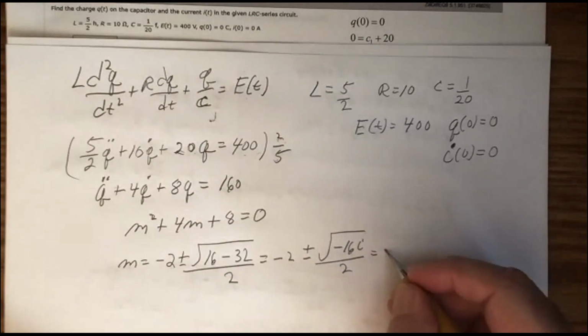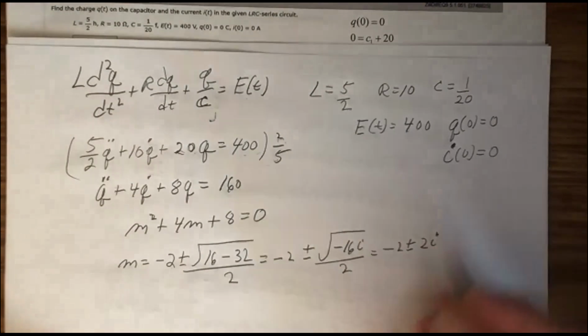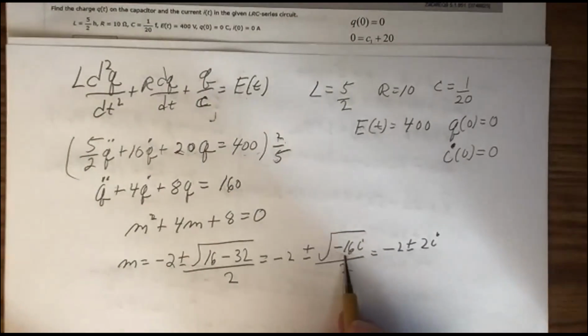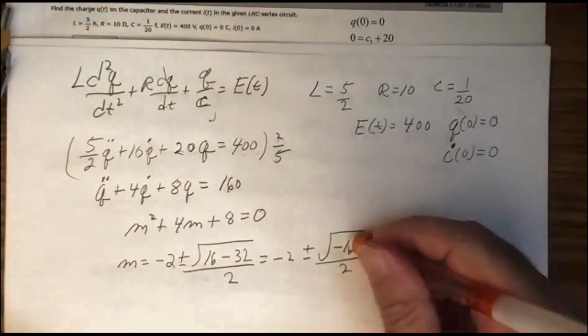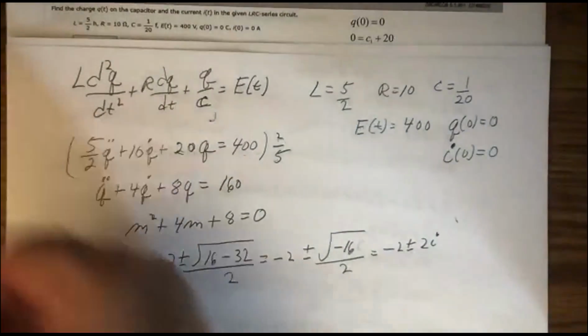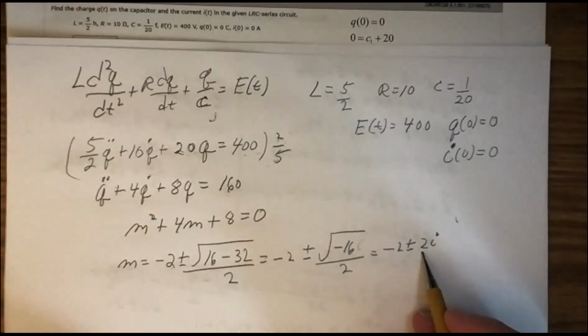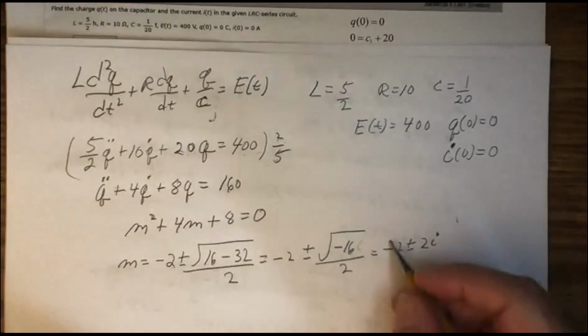So this is going to be minus 2 plus or minus 2i. 16 I can factor into 4 times 4, so the square root gives 4, and then I divide by 2.